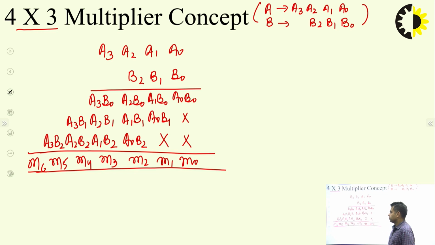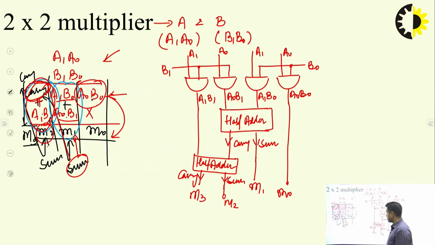This concept seems simple, but implementing it to realize a circuit will not be that simple, because in the previous case, while designing the 2 cross 2 multiplier, we needed to add only two things at a time. For adding two things at a time, we have a circuit called a half adder. At most, if we need to add three things at a time, we have a circuit named a full adder.